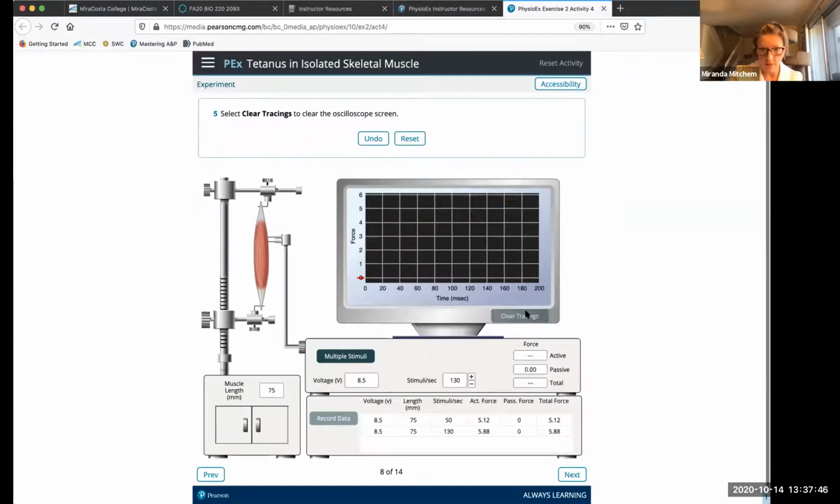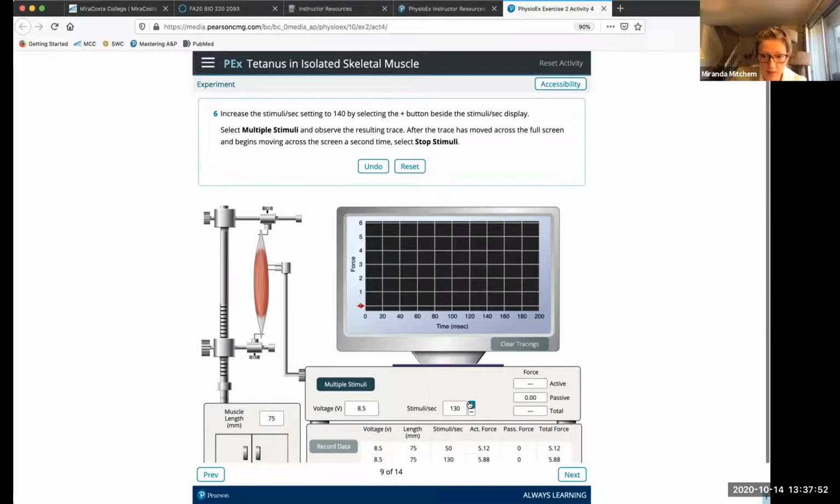All right, let's go forward. Clear tracings, yes. We're going to take this up to 140 now, 140 stimuli per second, and do the same thing. All right, record.